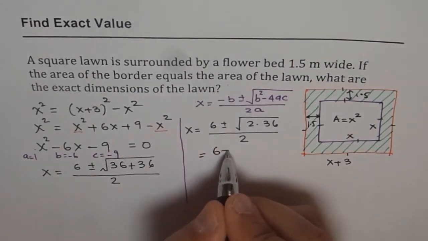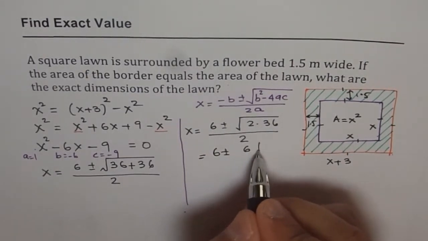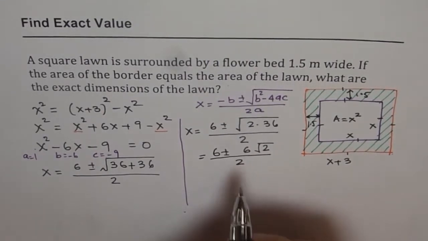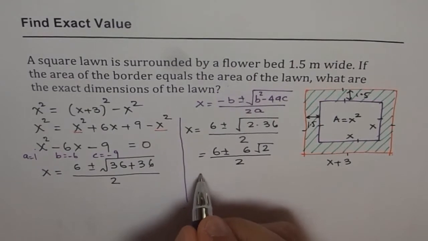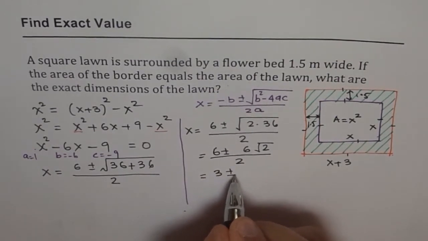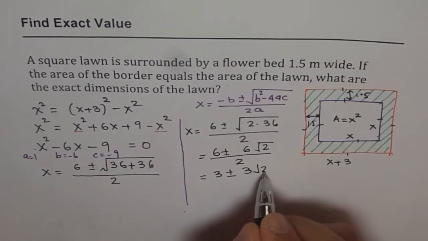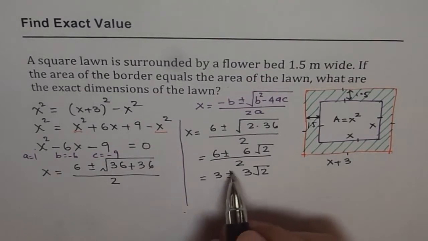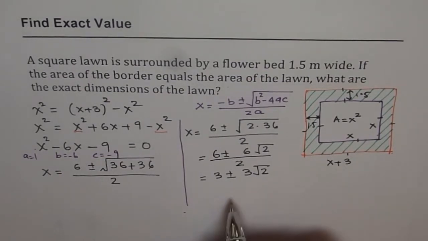So we get 6 plus or minus, you can write this as 6 square root 2, divided by 2, right? Now you can divide each term by 2, so you get 3 plus or minus 3 square root 2. So that becomes the answer in exact form, 3 plus or minus 3 square root 2.